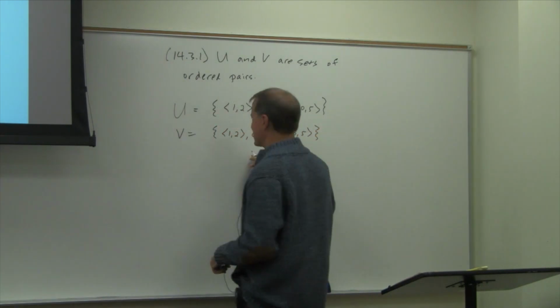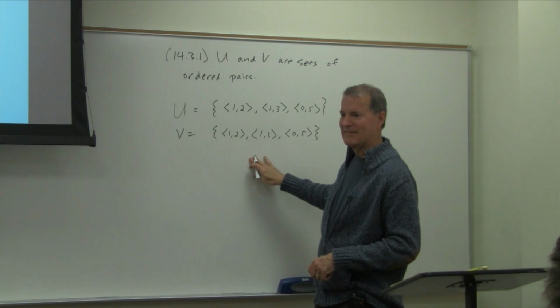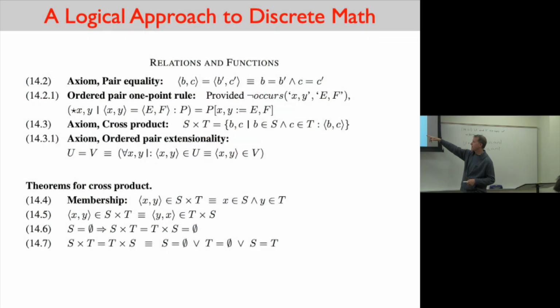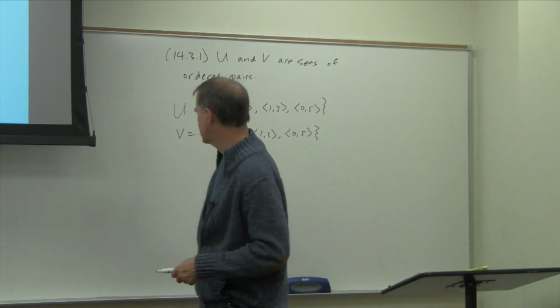Are these two sets of ordered pairs equal? Obviously they are, but why is that? Because every ordered pair x, y that exists in one exists in the other. Now notice this is double quantification. For all x, y, x, y is an element of U, equivalence, x, y is an element of V. So either it's true or false.